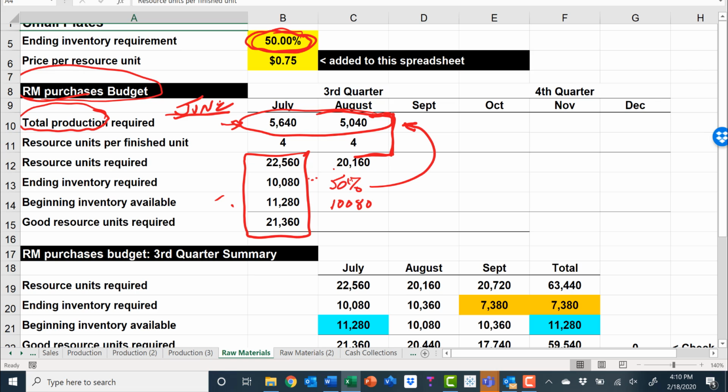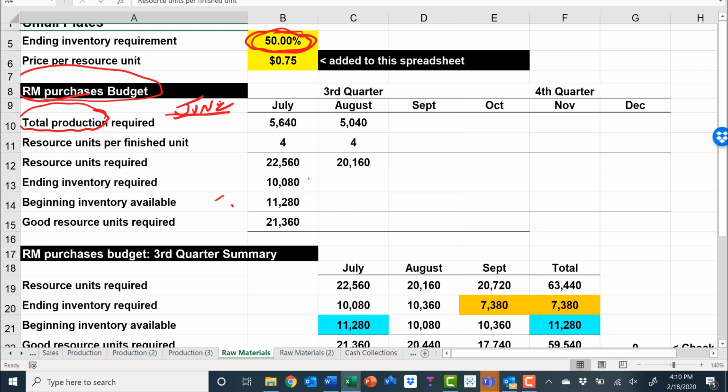So if you think about reasons why people will get this wrong, what are the 2 or 3 things that always come to mind where students might make a mistake? The biggest thing that I've seen is they don't do the conversion. The students will base their ending inventory requirements on the total production and not the resources required. So number one, they've got to do the conversion correct.